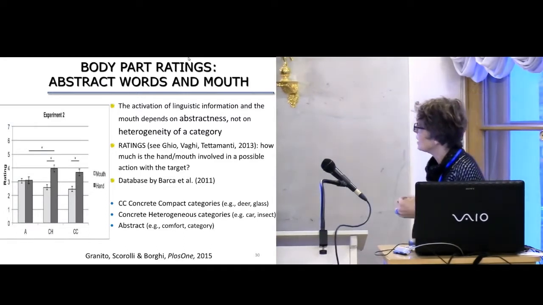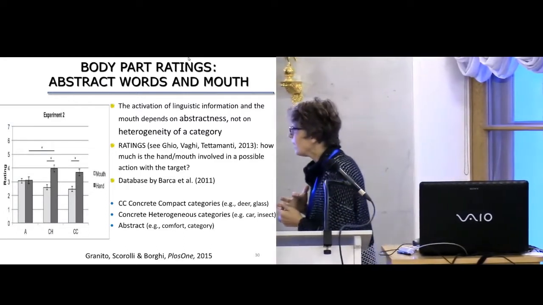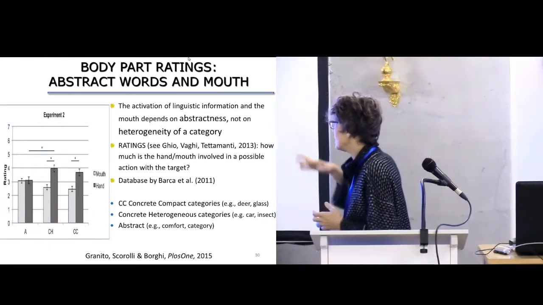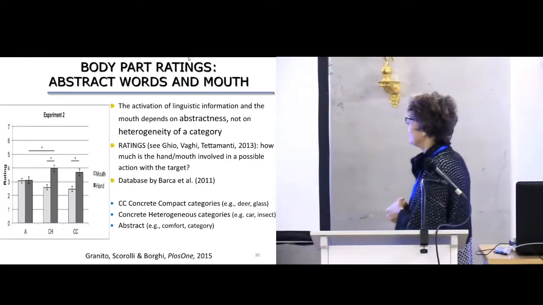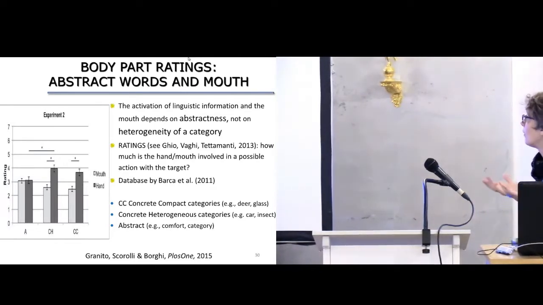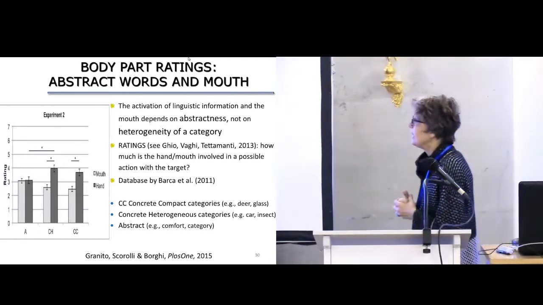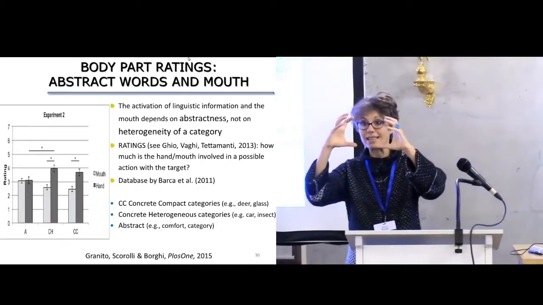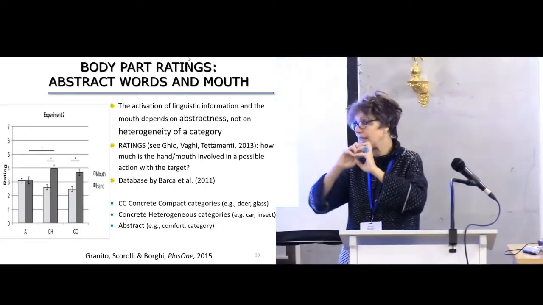We also controlled, with ratings of Italian words from a database by Barca and others, whether this involvement of the hand and mouth is due to the fact that abstract categories are less compact than concrete categories.